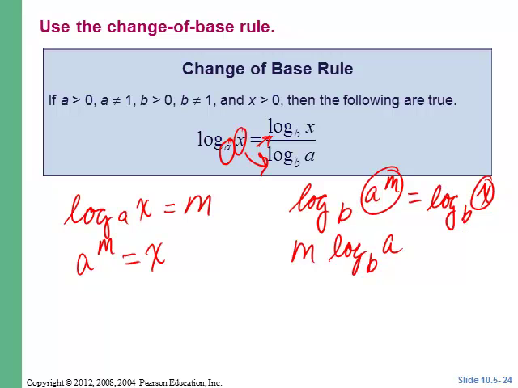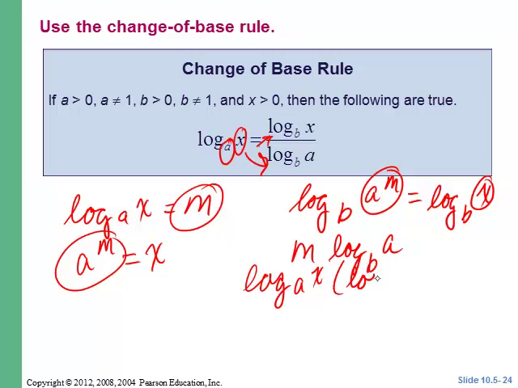If instead of writing m, we write log base a of x, we would have log base a of x times log base b of a is log base b of x.